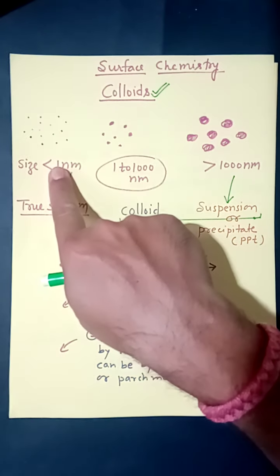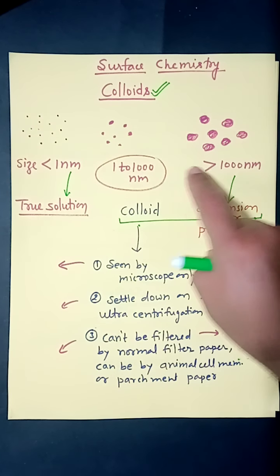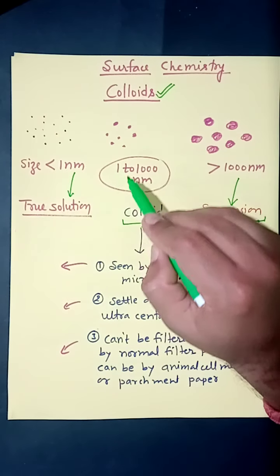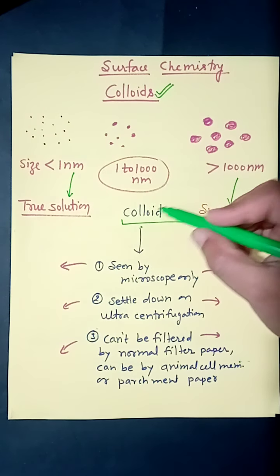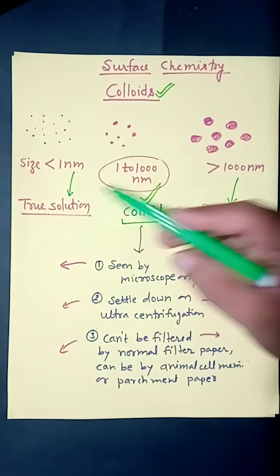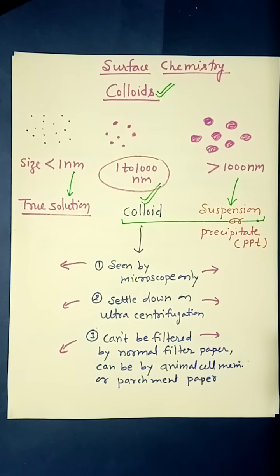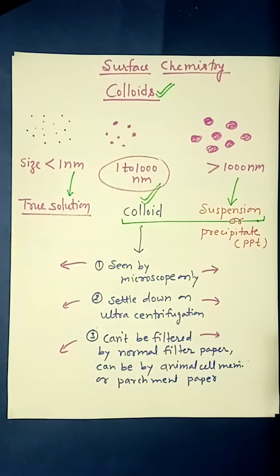Now here less than 1 nanometer, here more than 1000 nanometer. If the particle size is in between 1 to 1000 nanometer, then it is considered as colloid. So this is the part of our syllabus. True solution and suspension we just remember as comparison with colloid, but the main part of the chapter is colloid.